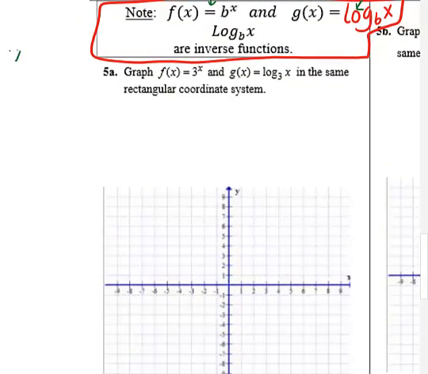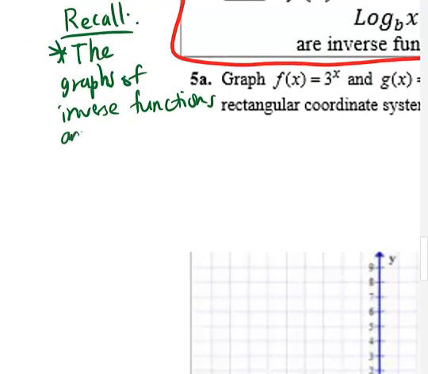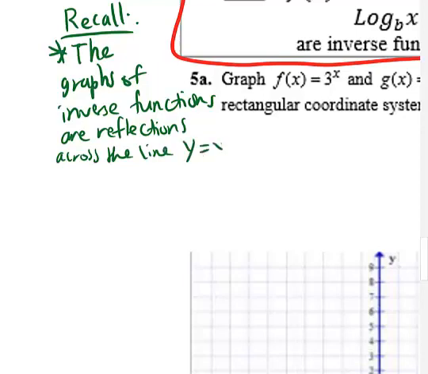Let me write that down. Recall the graphs of inverse functions are reflections of each other across the line y equals x.